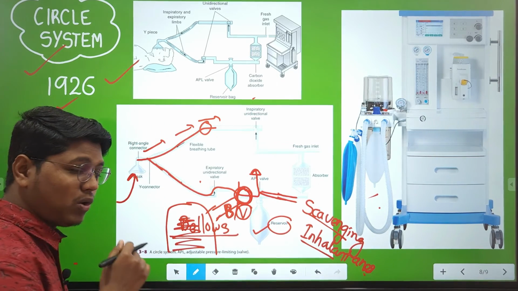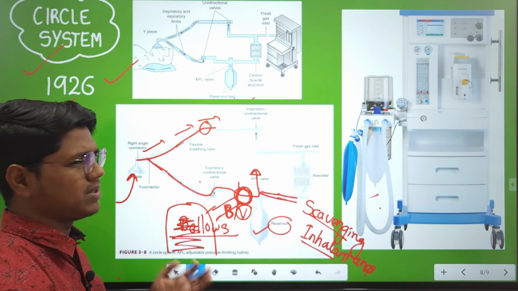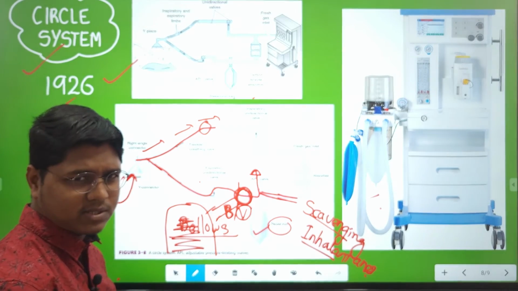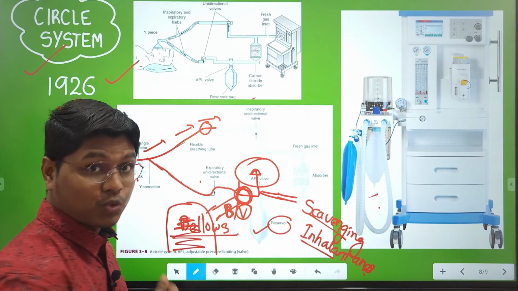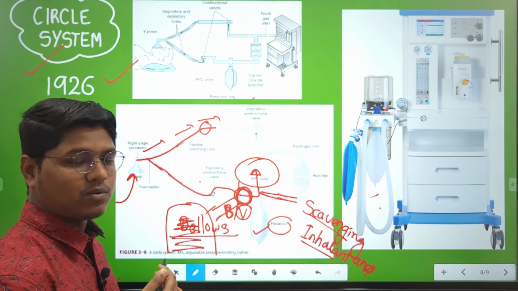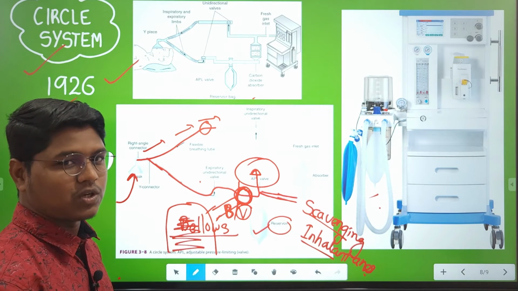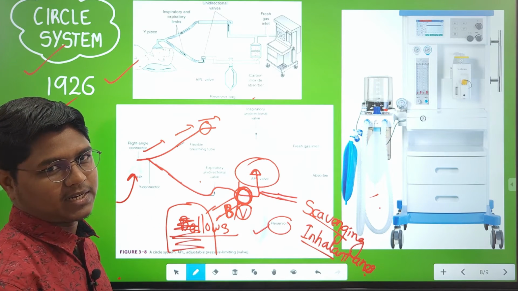atmosphere. For long surgeries, 5 hours, 6 hours, 7 hours, the inhalant anesthetic will build up inside the room. This can hamper a surgeon, or the surgeon can inhale those anesthetics and be sedated.